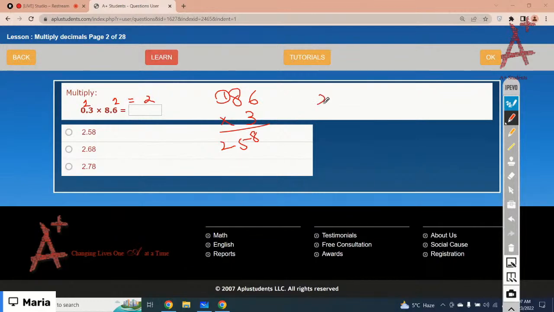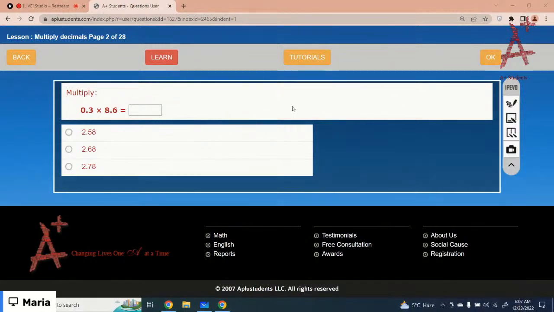So you have to move the decimal point two places left, from here to here. It would be 2.58. So the correct option is 2.58. Just select the correct option, then click on the OK button.